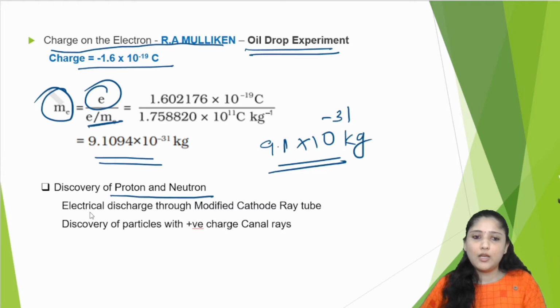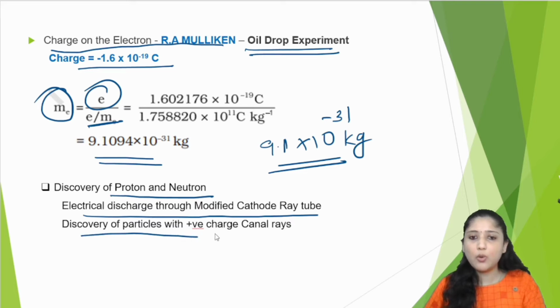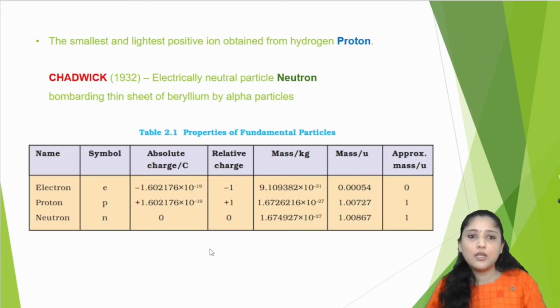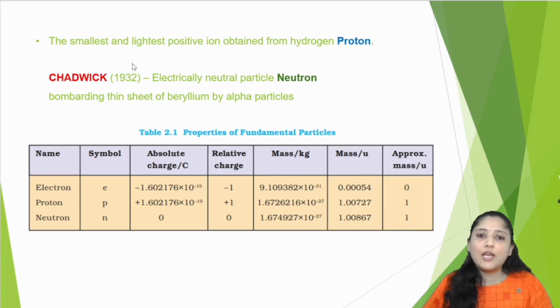Electrical discharge through a modified cathode ray tube was the experiment for the discovery of particles with positive charge, known as canal rays. The smallest and lightest positive ion obtained from hydrogen is the proton.